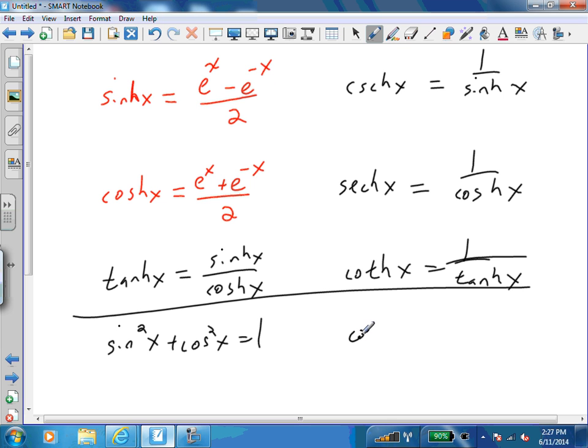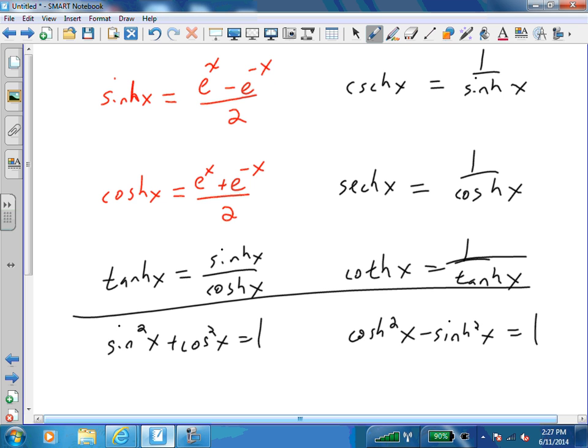In hyperbolics, hyperbolic cosine squared minus hyperbolic sine squared is 1. And I'm not going to have you learn all of these identities. They're on 384, if you wanted to take a look at those.